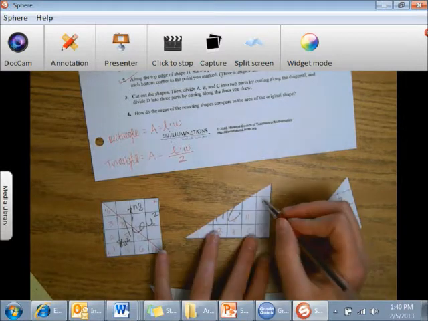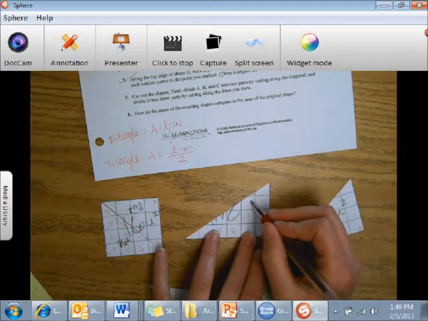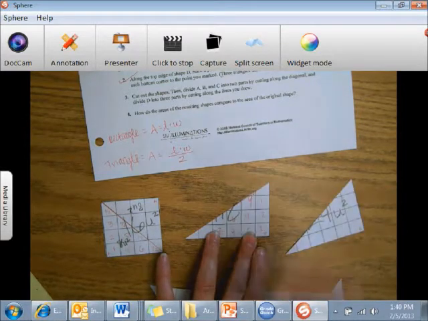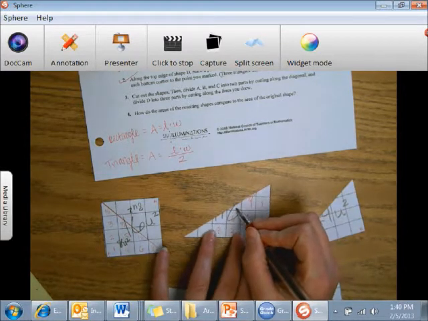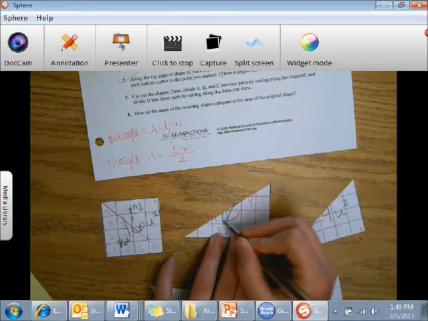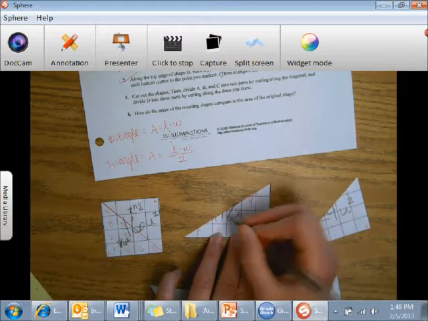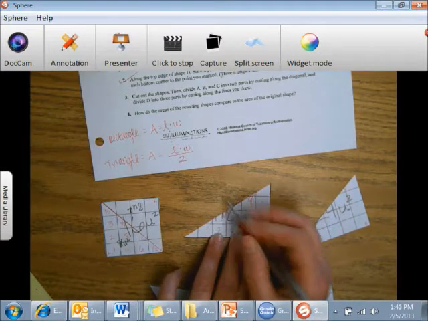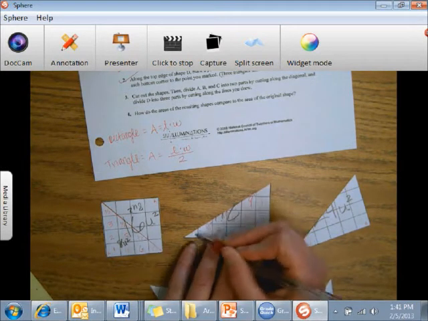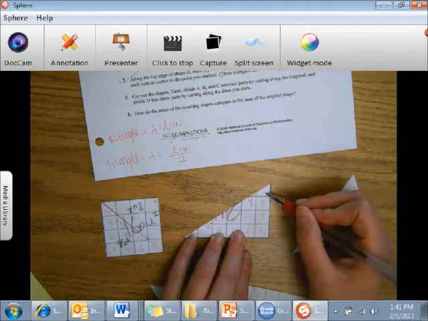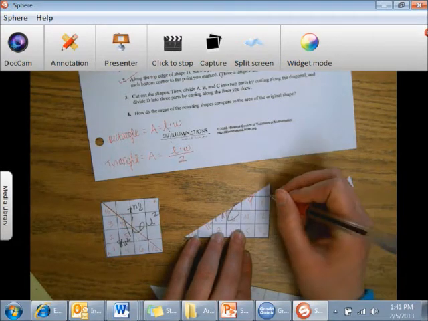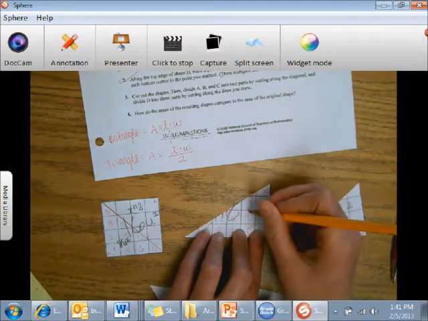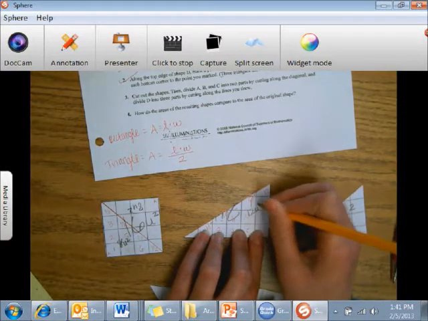Okay, well, this one and this one seem to go together and make 9. This one and this one seem to go together to make 10. These two seem to connect together to make 11. And then this is about half, and this one goes together, and that would make 12. So together, for this triangle, I'd have 12 units squared.